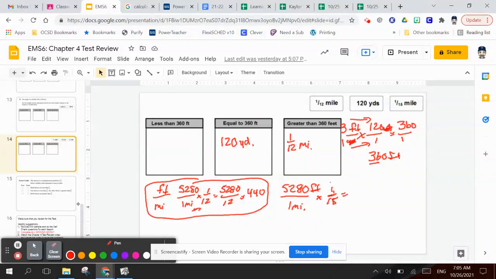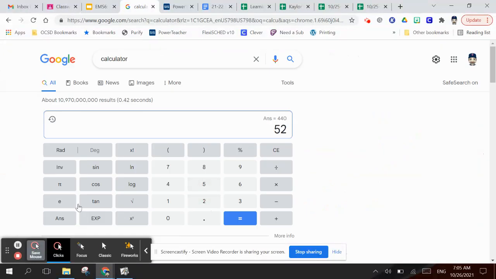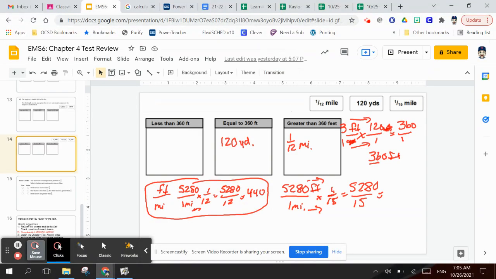So if I multiply, 1 times 5,280 is 5,280. 1 times 15 is 15. So again, I go back to my calculator. 5,280 divided by 15 is 352.